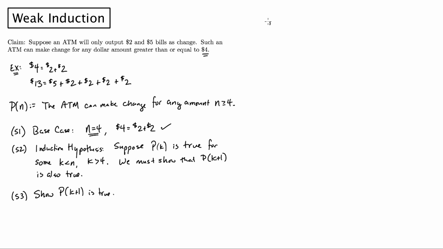Well, I'm going to divide this into cases. Case 1, and this is often part of an induction proof, is that you have to divide it up into cases. So proof by cases is a good approach. So case 1, let's suppose that the k dollars contains a $5 bill. So in other words, we know that it was able to make change for the k dollar case. Let's suppose that that k dollar case contained a 5.